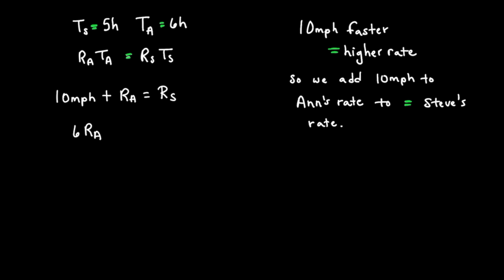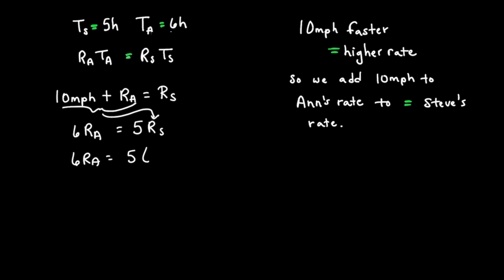So we have 6 times Ann's rate, because the time will be put in as 6, and 5 times Steve's rate because Steve's time is 5, and we have R_A T_A equals R_S T_S. So we're simply plugging those times in for T. And then we're going to plug in 10 miles per hour plus Ann's rate for Steve's rate, since those are equal.